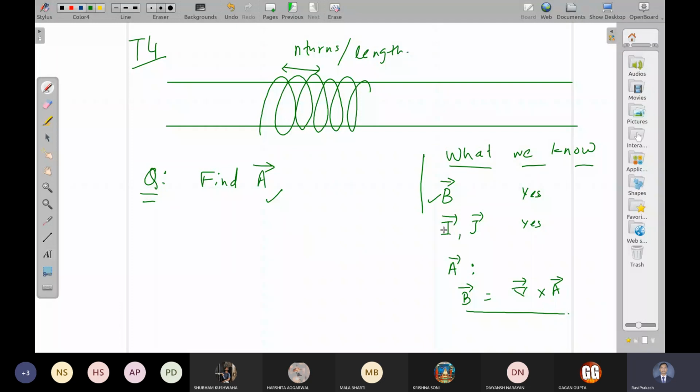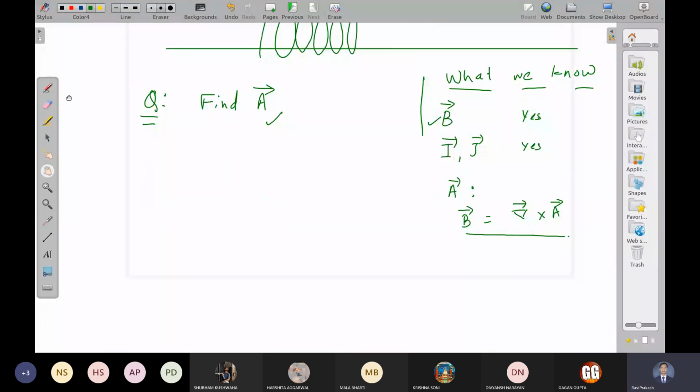You also know the current or current density, and you can use this formula to find the vector potential. Obviously, this equation will have infinite solutions. The one which we prefer is this. There are many solutions for this equation, but what we want is the one with del dot A equals 0.